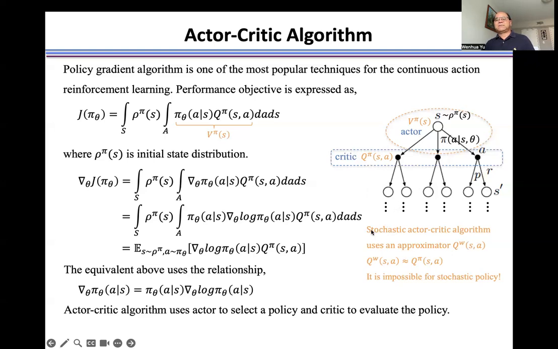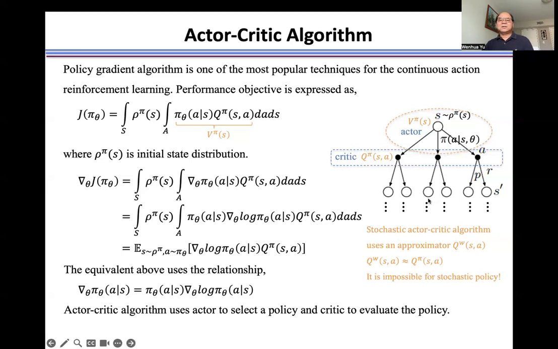Now in the stochastic actor critic method we introduced before, we use an approximator Q with parameter W. Then we add some strict conditions on W to make sure we have no bias, so that we can get the final accurate policy.